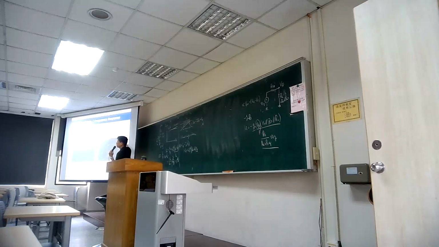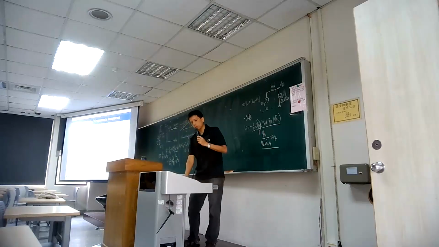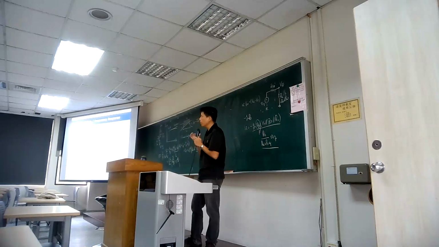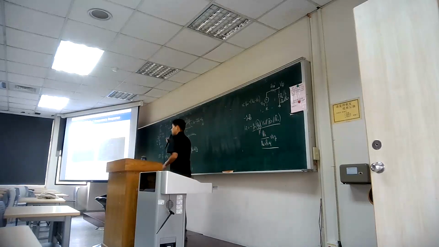The reason is because it is divided by an extra 1 plus gm RS. If you're interested, you can go back to the previous equation. You can see there will be a divider of 1 plus gm RS. But the part we want to do is because we want to increase the frequency response.